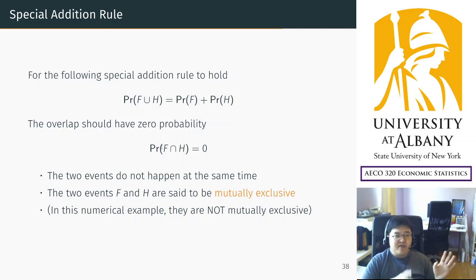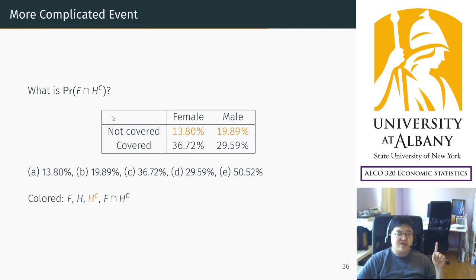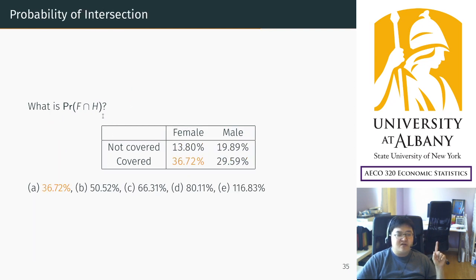By the way, I'm using the same notation of F and H, but in our example this assumption does not hold. F and H happen together. We already calculated the intersection probability is 36%. It is not 0. So F and H are not mutually exclusive in our example.